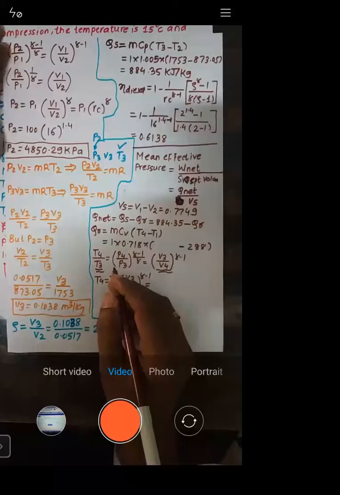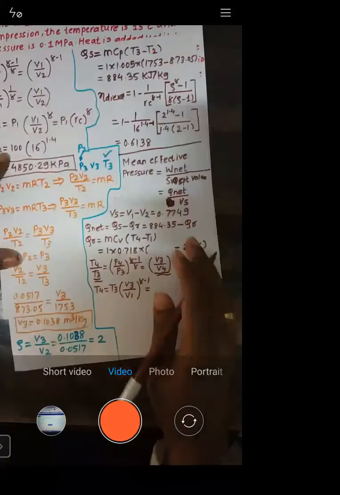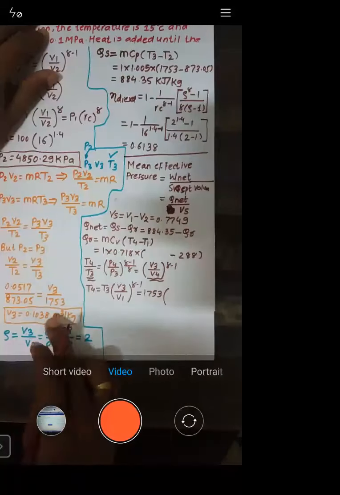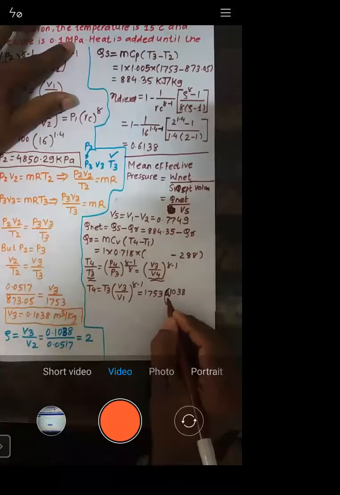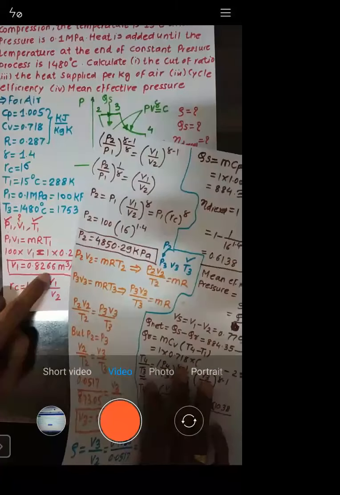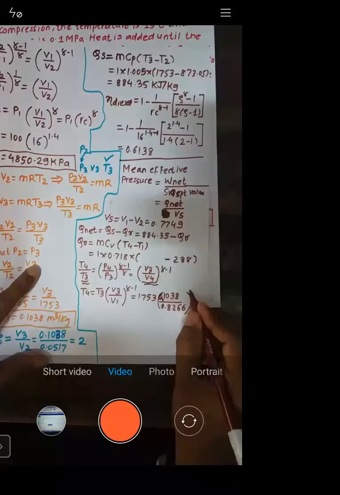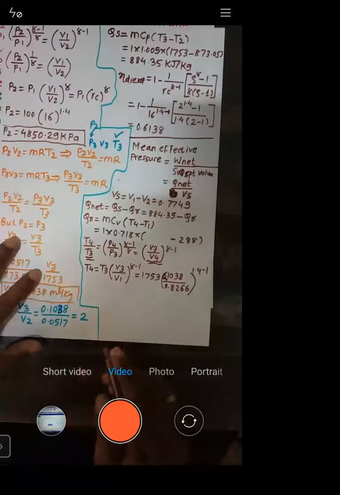T3 we have already calculated, it is given in the problem, T3 is 1753. The value of V3 we already calculated, 0.1038, upon V1. Now what is V1? 0.8266. Raised to power gamma, which is 1.4, minus 1. All right, from this we will get T4.